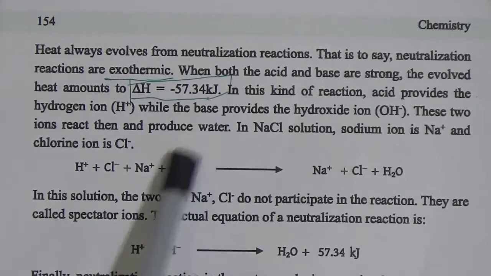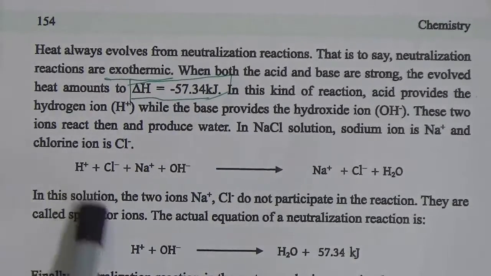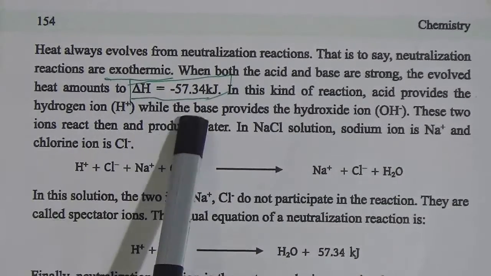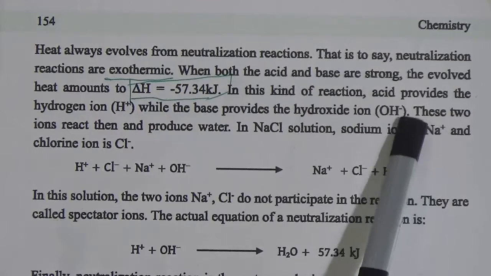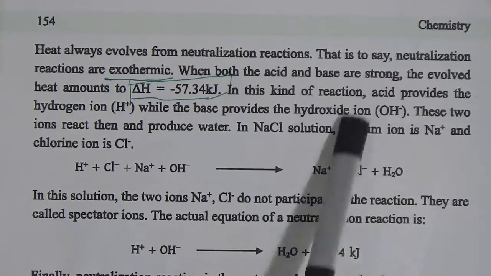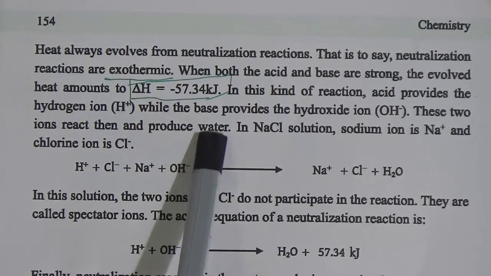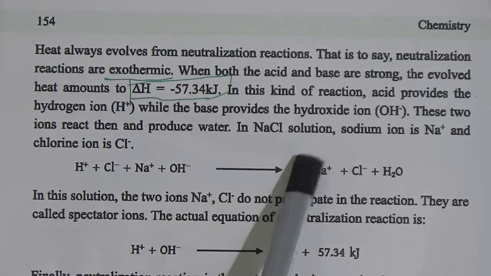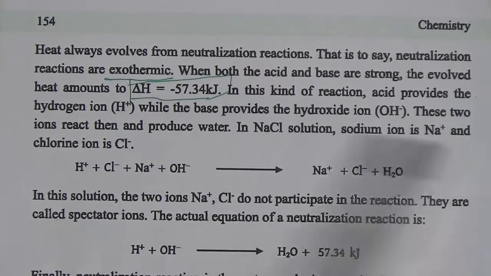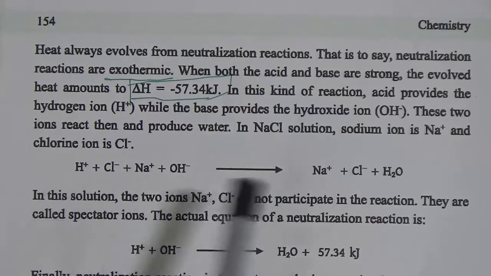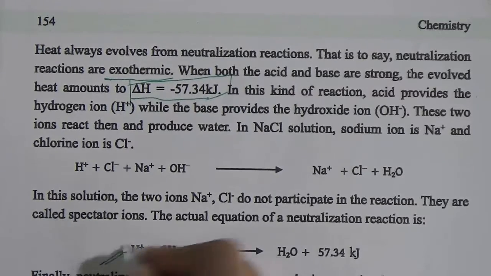minus 57.34 kilojoule. Another thing is, in this kind of reaction, acid provides hydrogen ion while base provides hydroxide ion, and these two ions react and produce water. In the sodium chloride solution, sodium ion and chloride ion do not take part in the reaction. They just change their position, but this is the main reaction.